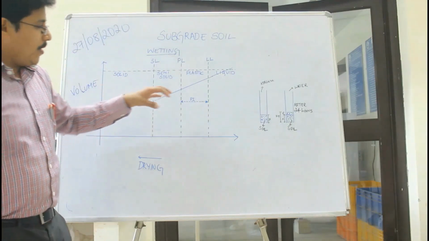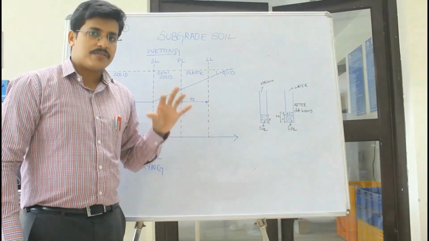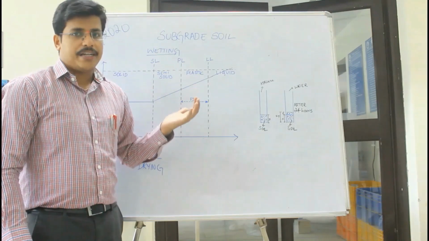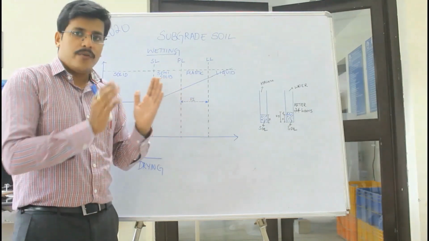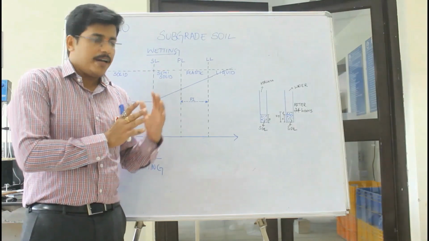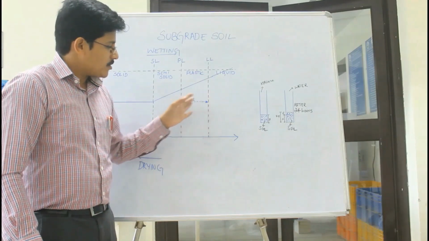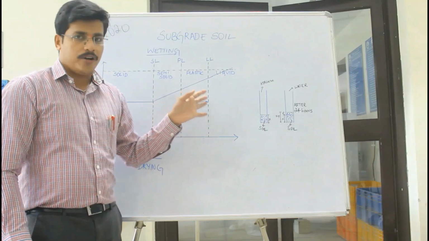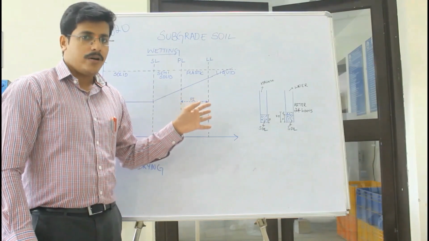That means for a given soil, we always try to see that the PI is less. If PI is too large, then the soil is in a plastic state for a broader range of water content, which is not preferable for highway pavements.